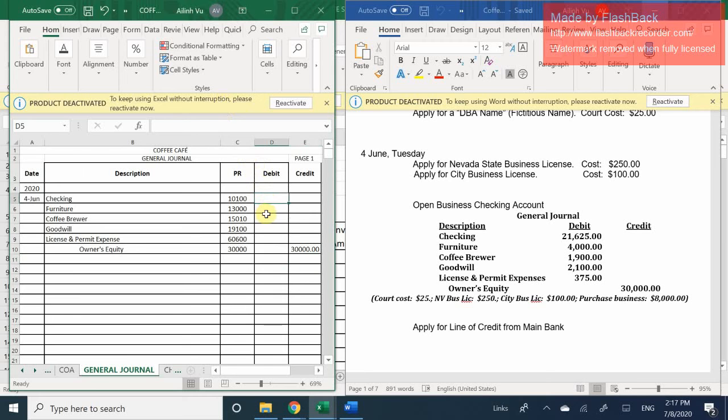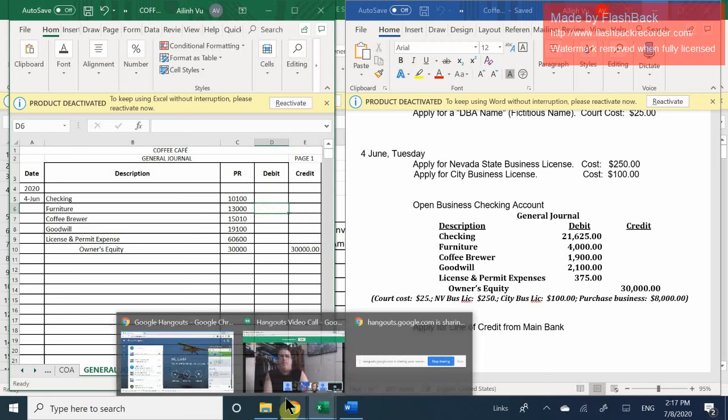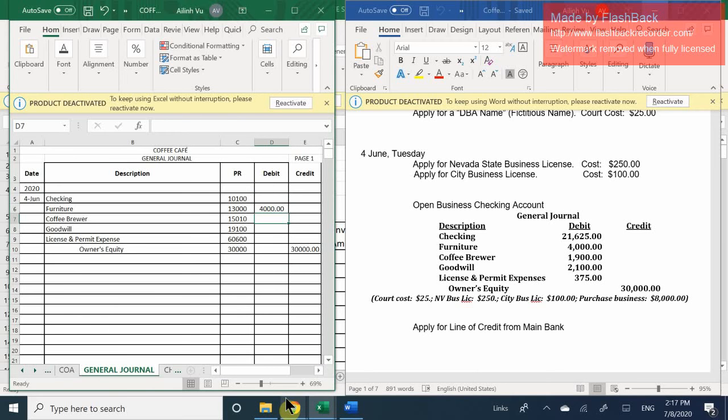So let me see. My furniture cost me $4,000. My coffee brewer was 1,900, my Goodwill was 2,100, and my license and permit was $375. And then we know that we started off our business with $30,000.